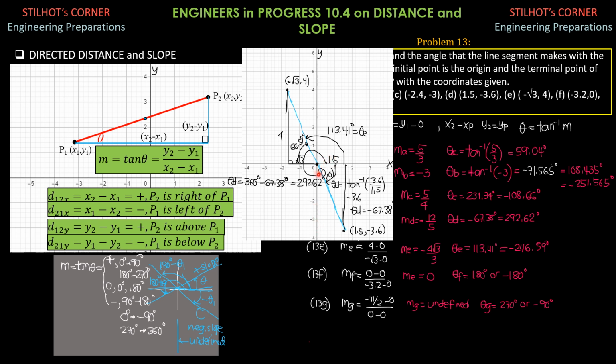So origin to that point, vertical line on the negative y-axis. So that's why the slope is meaningless or undefined, and specifically because the point lies here, in standard way, it is positive 270 degrees, in clockwise direction, negative 90 degrees.